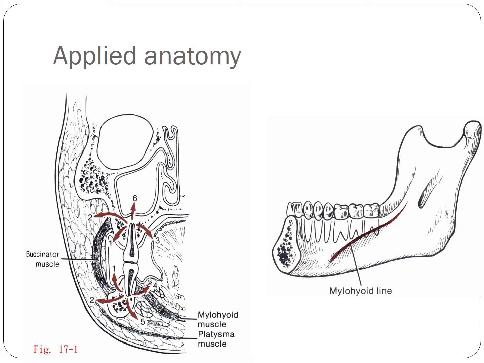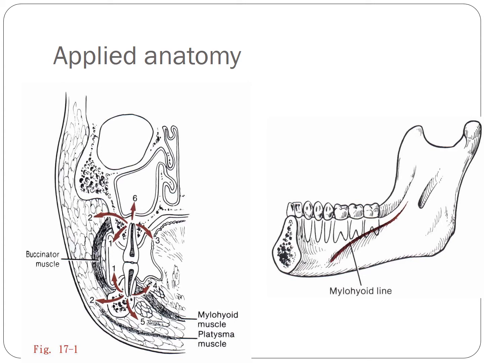So what are the various pathways through which infection from a tooth can spread? Okay, check the first picture. So we can take the maxillary molar, for instance. When a maxillary molar is infected, the infection from that tooth can spread laterally in two ways. Okay, so here there is a black patch, that is the buccinator muscle.